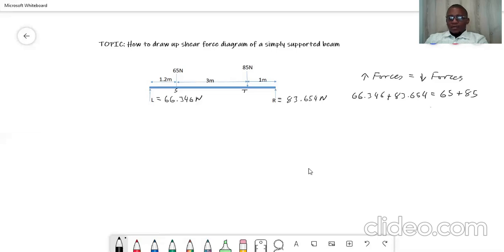When you add both sides, you must get 150 on both sides. So in this case, we are good to go. We are sure that our forces are balanced. That means this beam is now in equilibrium, while the forces are balanced, right?